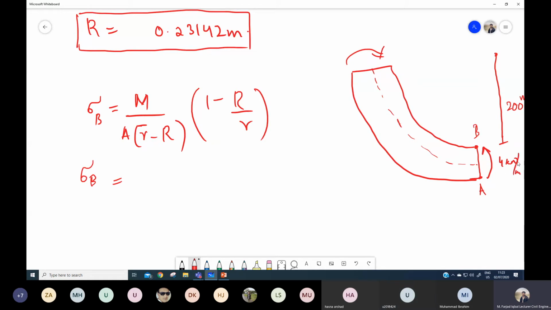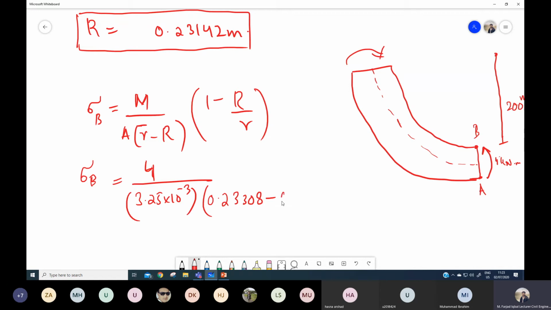So the moment is 4 kilonewton meter. The area that we calculated was 3.25 into 10 to the power minus 3, and the r distance that we calculated was 0.23308.